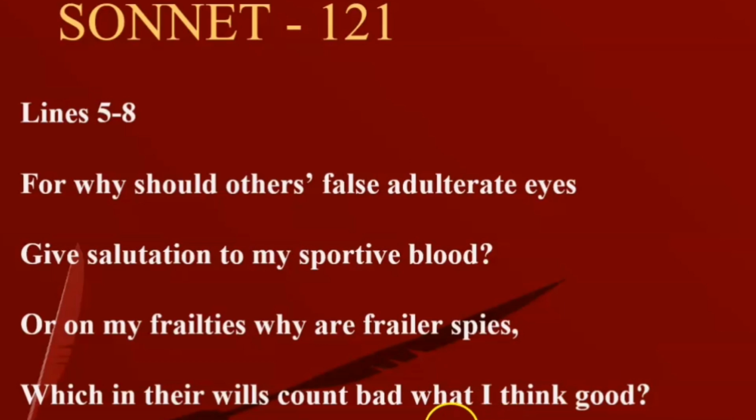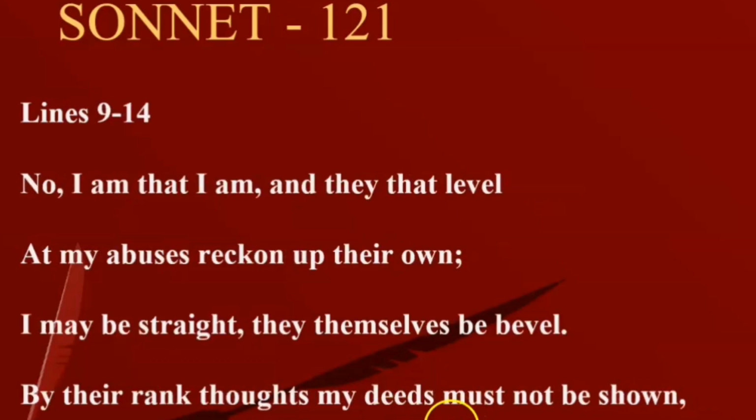Sometimes whatever things I think good, I know that these things are good, but they judge that these things are bad and that I myself am not good. So this is the observation of the so-called leaders, the hypocritical people. So that is what he says. That is the second stanza.